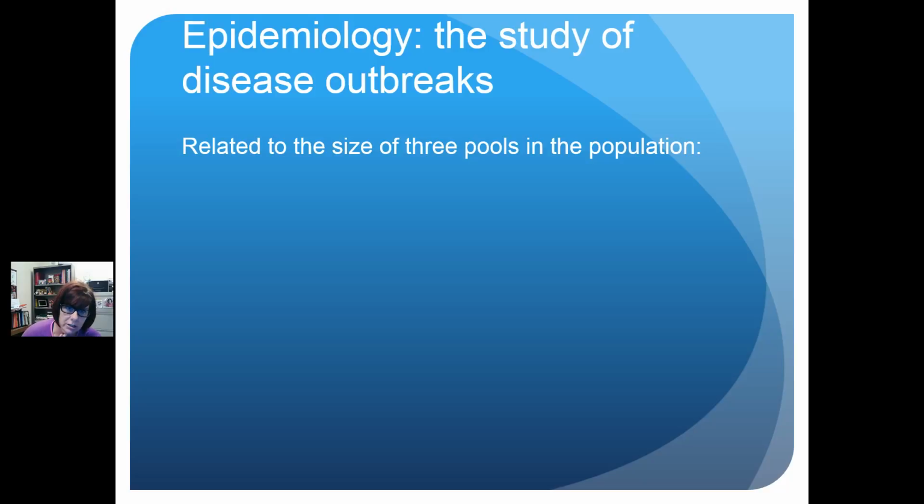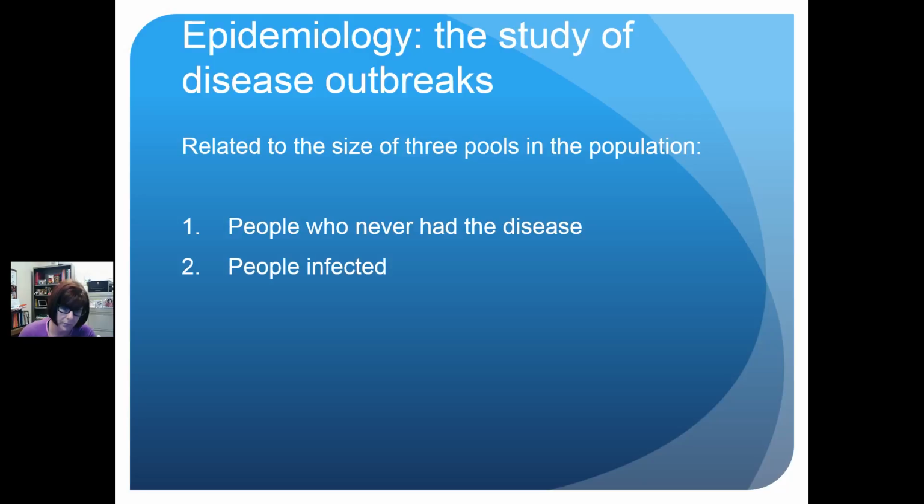And epidemiologists are relating the size of 3 pools of the human population. Basically, they want to see what portion of the population has never had the disease, because if you've never had the disease, you've never been exposed to it, so you don't have any immunity from it.